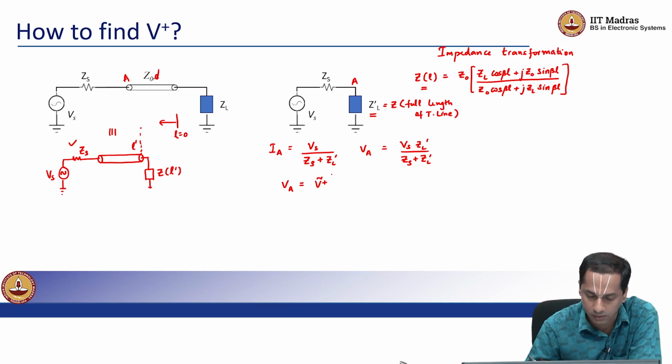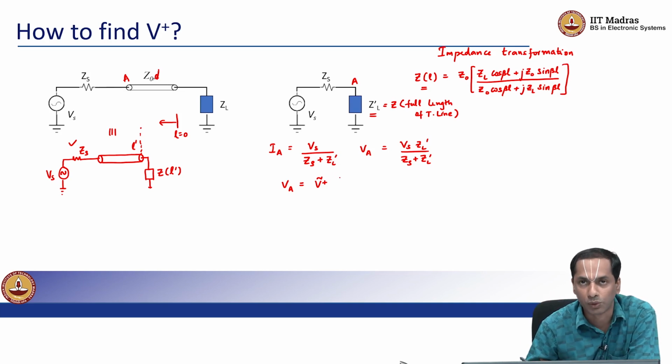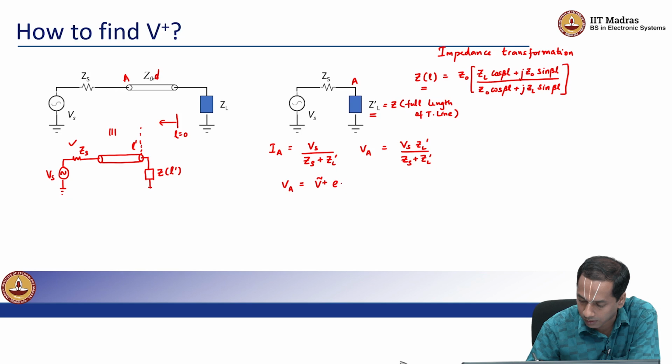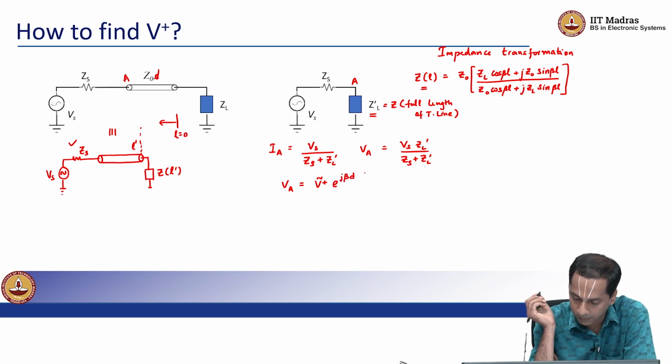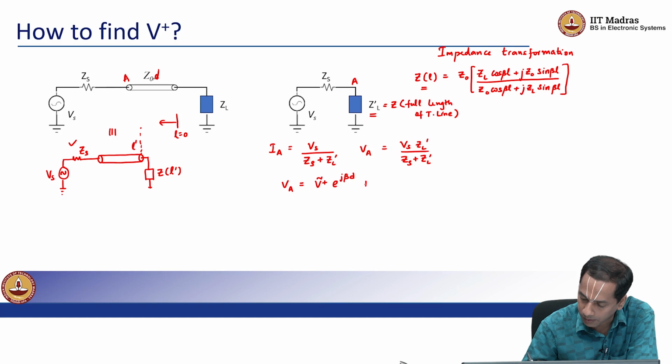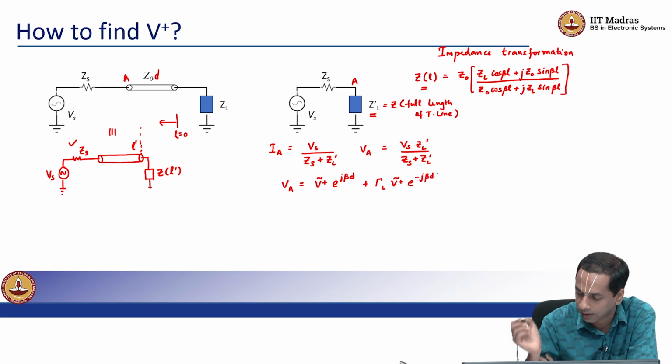That way we can remove any confusions. So we are going to say that this is V plus e to the j beta d plus gamma L V plus e to the minus j beta d, right.